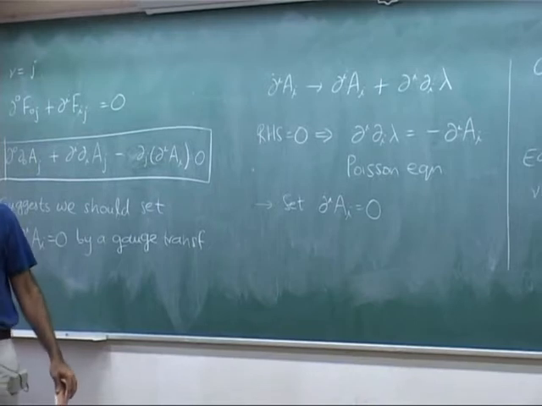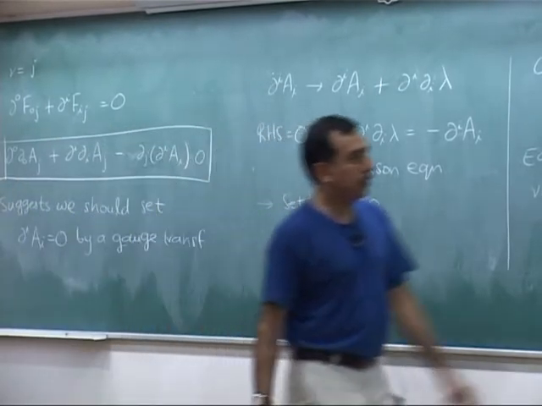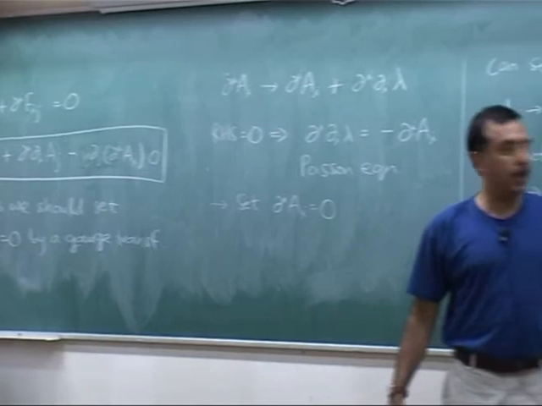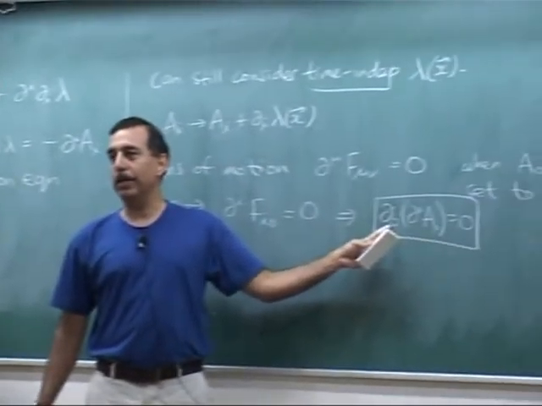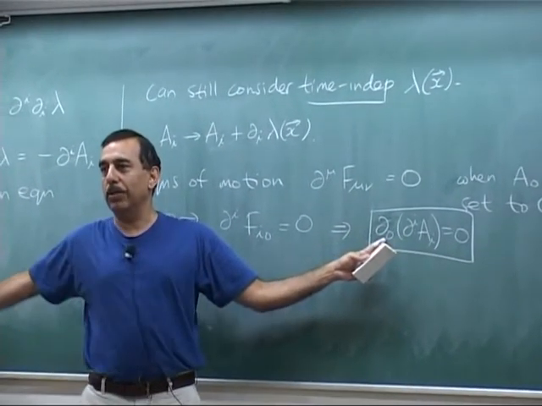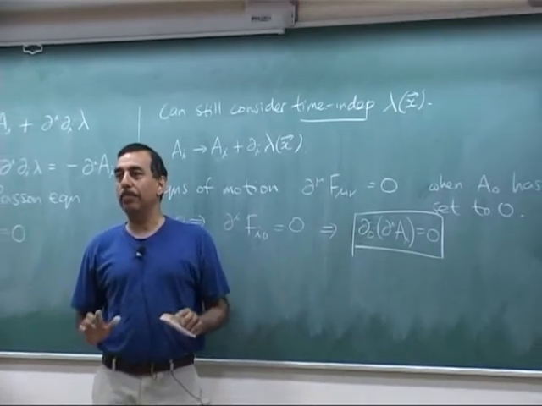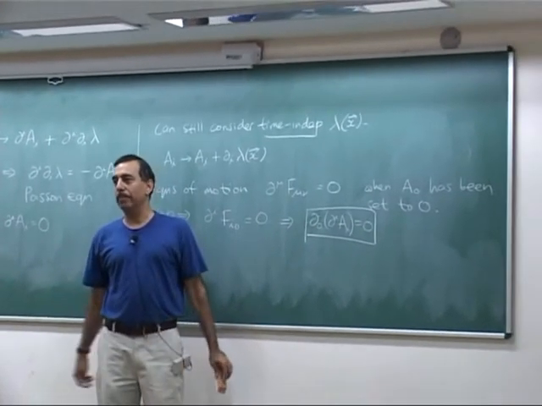Now once I have done this, a very beautiful fact: this equation of motion says that del_i A_i is time independent. So if I set it equal to 0 by a gauge transformation at one time, it will remain 0 at all time.